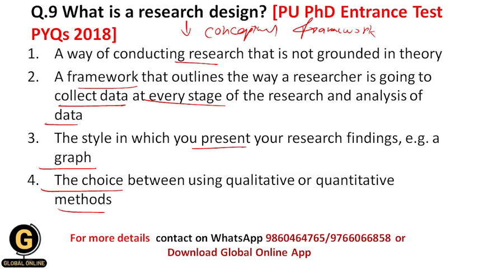So here you are going to say exactly what type of data collection methods and what type of data analysis methods you are going to use in your whole research process. That's why here your correct answer should be 2, because research design is nothing but a framework that outlines a way a researcher is going to collect data at every stage of the research and analysis of data.